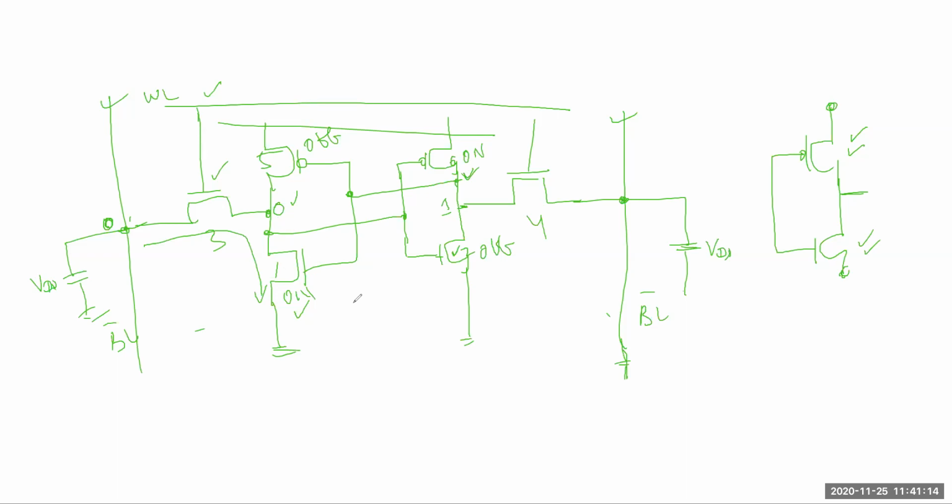When we give 1 to first and second, here we'll give 0. The right condition is that first it will be charged, then we'll close this circuit. Then during that condition, what will happen? Because this is on.